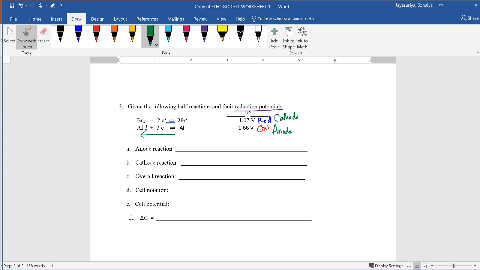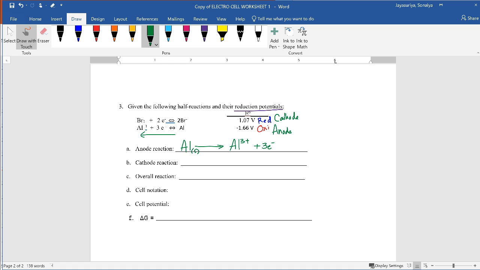So the anode reaction is going to be, don't just write the Al plus 3 electrons. You'll see the equilibrium arrows here showing that it can go in either direction. But if you make a galvanic cell with aluminum and bromine, you should know that it's always just going to go in the direction of oxidation. So aluminum solid will go forward towards aluminum 3 plus plus 3 electrons.